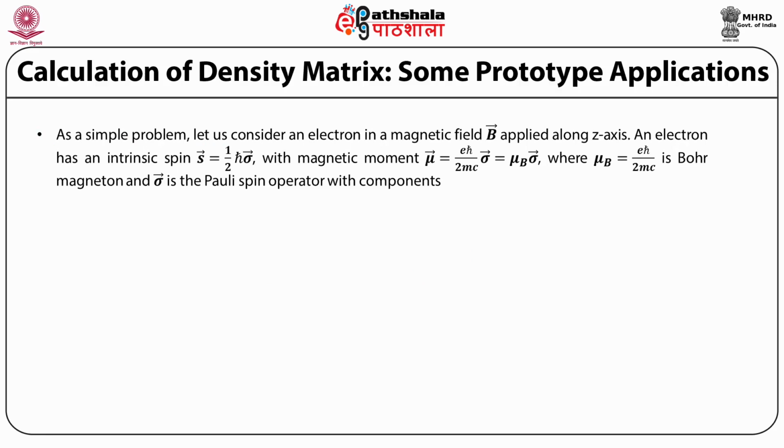An electron has an intrinsic spin S = (1/2)ħσ with magnetic moment μ = (eħ/2mc)σ = μ_B σ, where μ_B = eħ/2mc is the Bohr magneton and σ is the Pauli spin operator with components σ_x = (0 1; 1 0), σ_y = (0 −i; i 0), σ_z = (1 0; 0 −1).